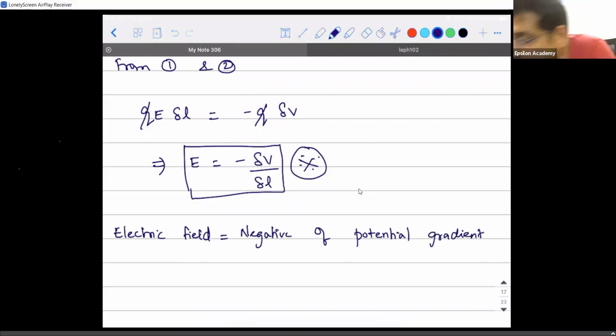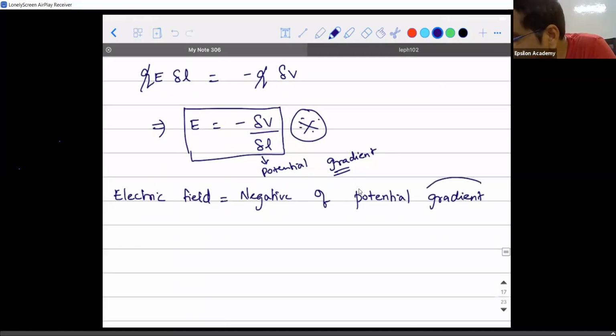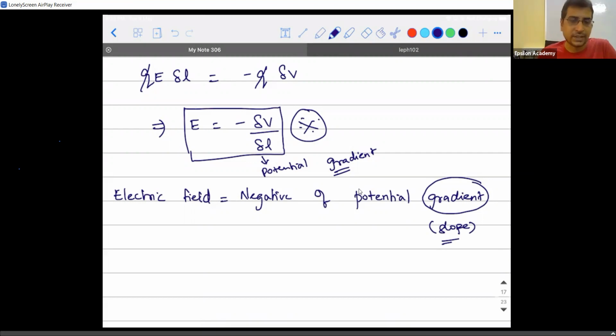This delta V by delta L is what is called potential gradient. Gradient is another name for slope, if you guys don't know this. Mathematically, you would have learned something called slope in your straight lines chapter. The other name for slope is gradient.